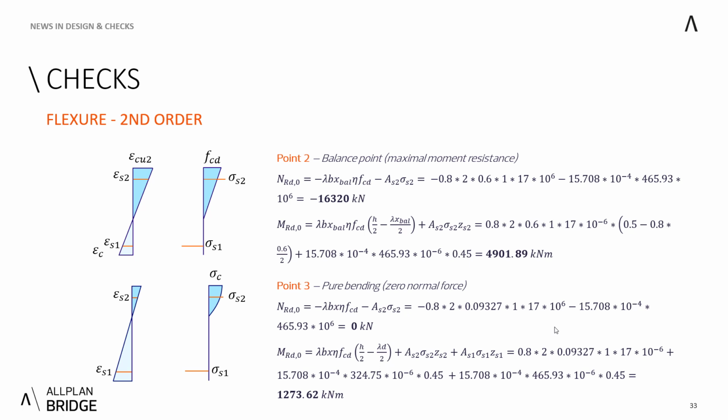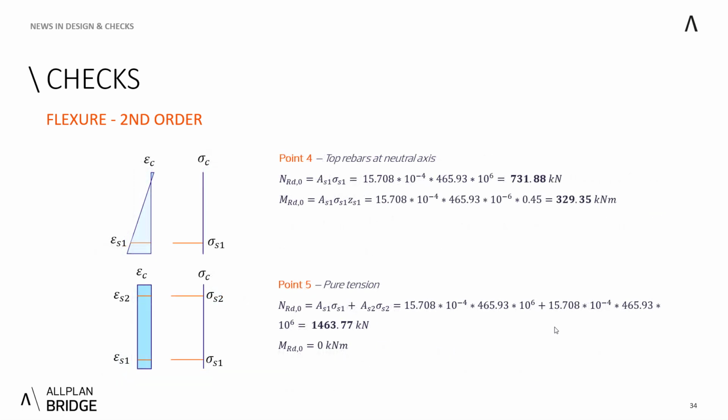Point 3 starts to incline the plane of strain. So therefore, the strain in the concrete is not at the limit anymore, and we can find such depth of the neutral axis where it's just a pure bending, meaning that we have a 0 normal force and we have some moment resistance, and you can see NRD3 is 0 and MRD is 1,273 kilonewton-meters.